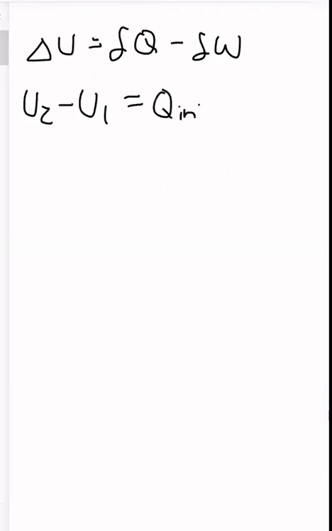So to do this, we can go back to our original equation, which simplified looks a little bit like this. And we can change this to U2 minus U1 equals, we can say Q in plus Q out minus delta W. Now this right here, this is our Q total.